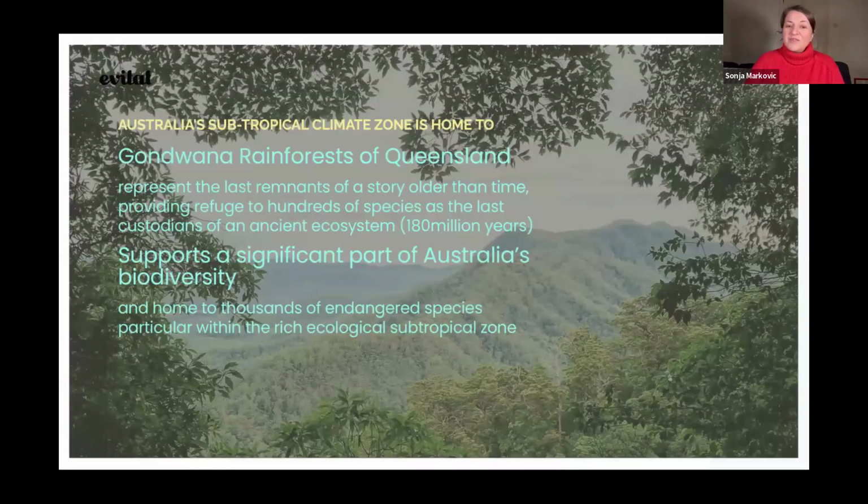And maybe also to mention the Gondwana rainforests of Queensland, which are millions of years old, 180 million to be precise. Very, very unique and special. So again, to think, sometimes we dream of these big acreages of land, and we just imagine ourselves having that house looking into these beautiful landscapes.